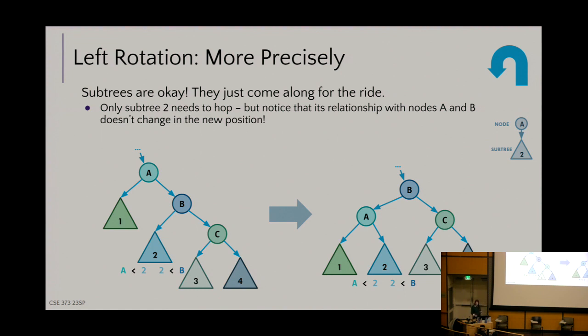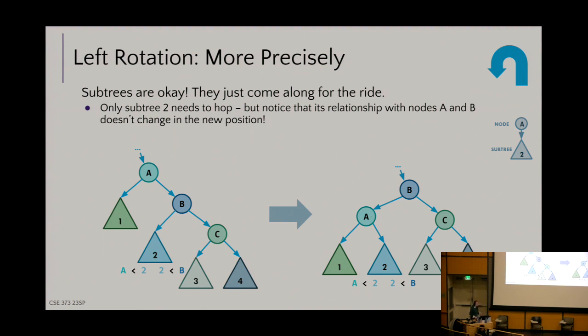But because of the binary search property, I am guaranteed that I can redistribute these children and still maintain the search property. Because I know that B must be greater than A, because that's where it originally was, I know that everything to the left of B is less than B, but greater than A. So when I rebalance, I'm going to swap B's left child, instead of pointing to whatever it was holding before, to now point to A. But because I did that, I need to find a place for what I was previously holding.